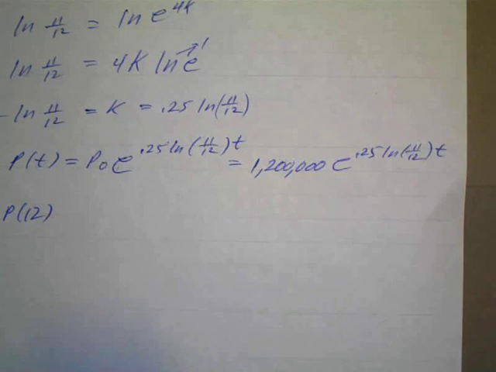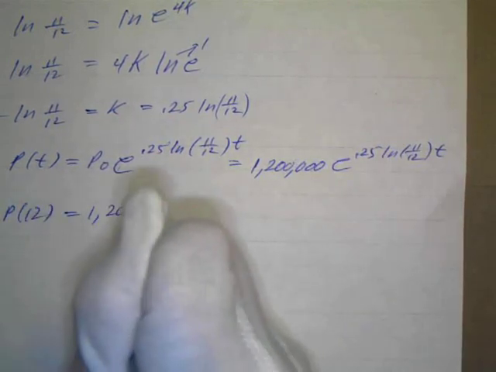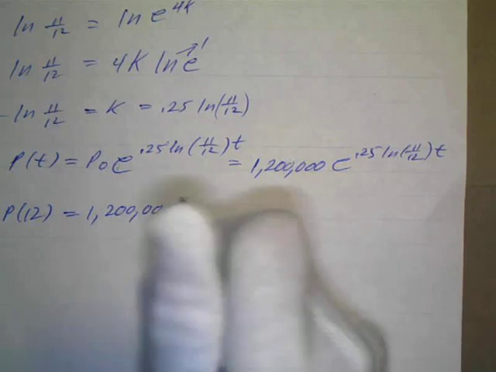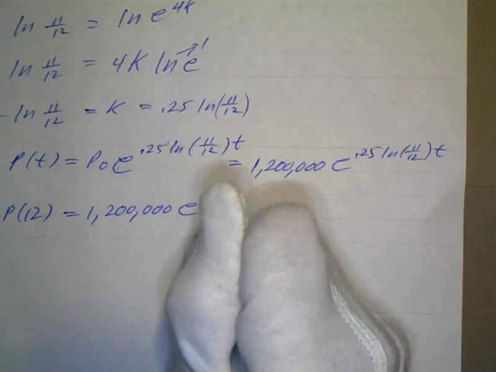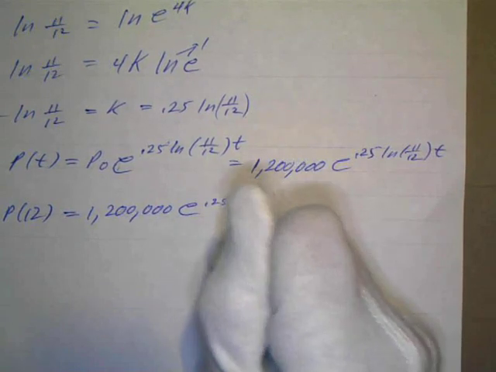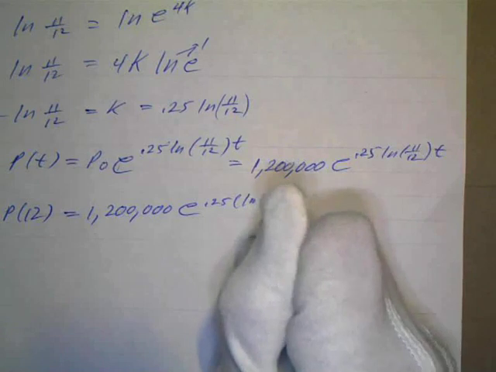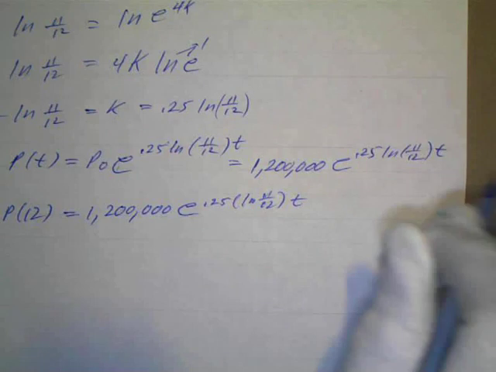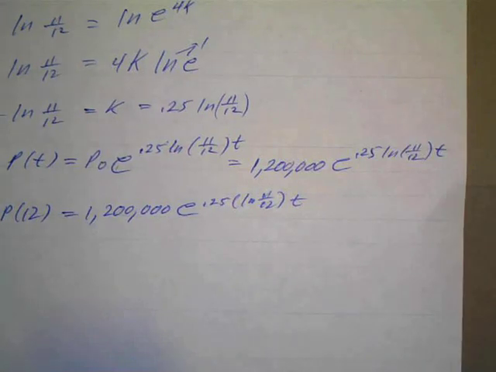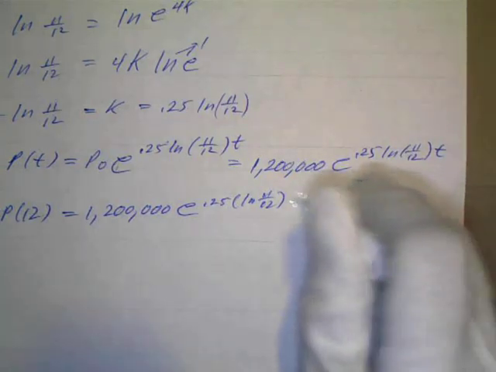So P of 12 equals my 1,200,000 times e to the 0.25 times ln of 11 over 12 times t. Oh, I'm sorry, t is going to be 12. Now this works out nicely.